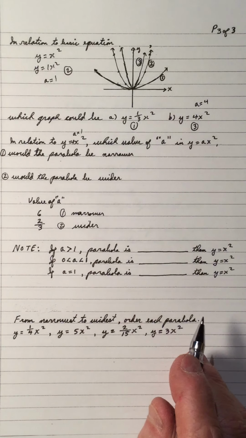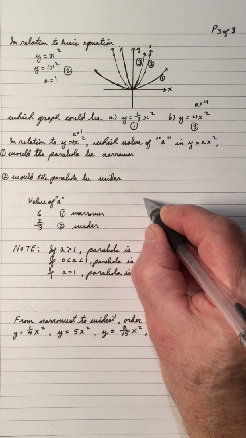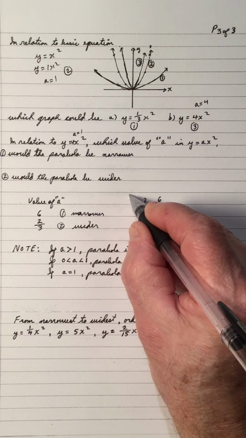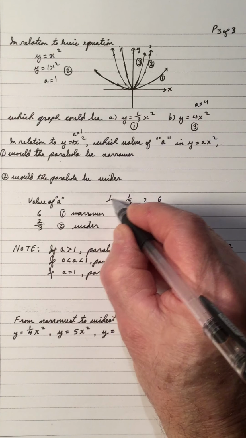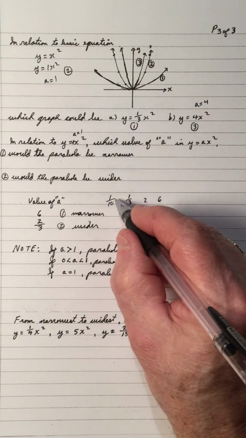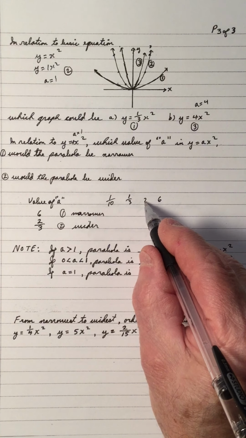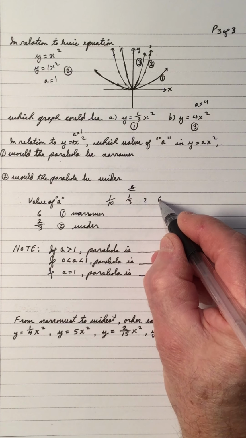So if I give you 4 numbers like 2, 6, 1/3, and 1/10, these are the A values. This one is the narrowest one.